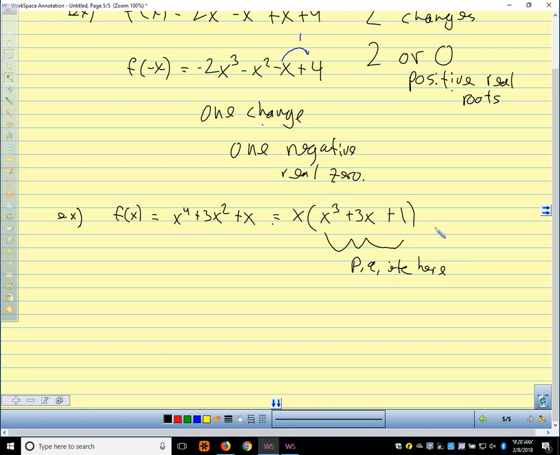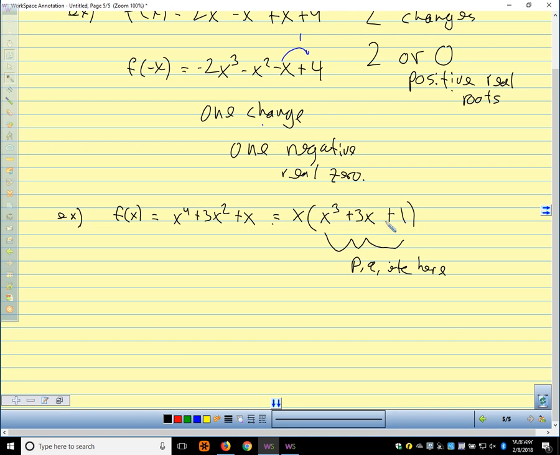Someone just pointed out there are no sign changes here, so there are no positive real zeros in this thing. So they'd have to be negative. And what are our choices here? Plus or minus 1.